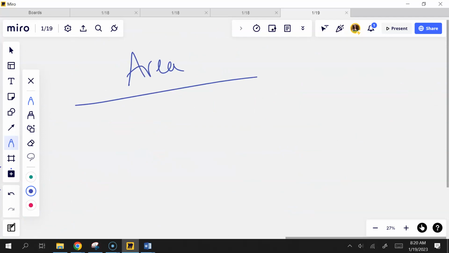Area first. Area. Let's say area under the curve, part like 100. Shall we do hard or should we do easy? Start with hard. This is 54.